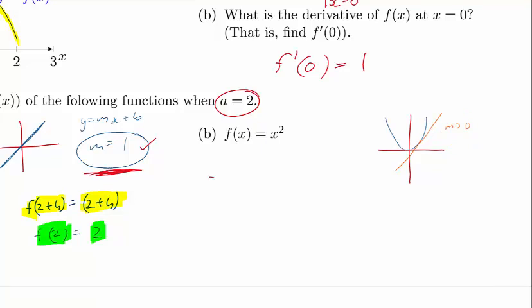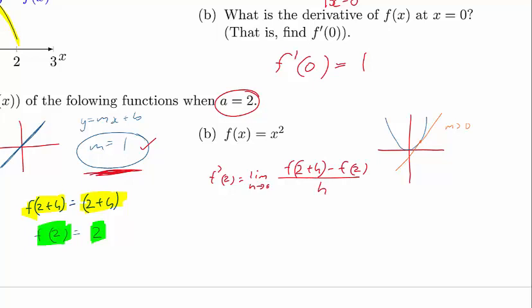So again, we're going to find f prime at 2. And we have the limit as h approaches 0 of f of 2 plus h minus f of 2, all divided by h.